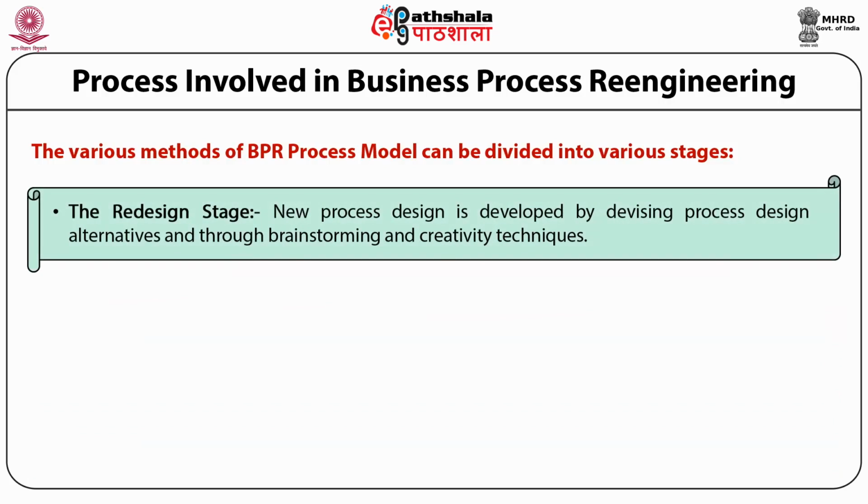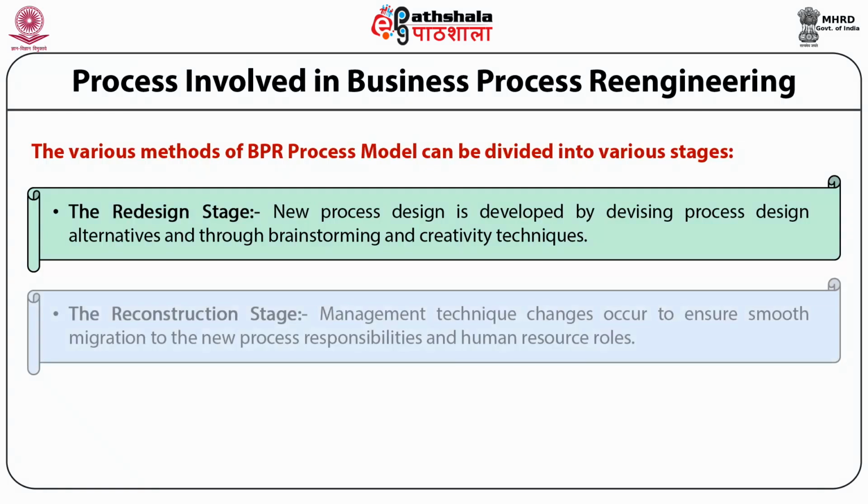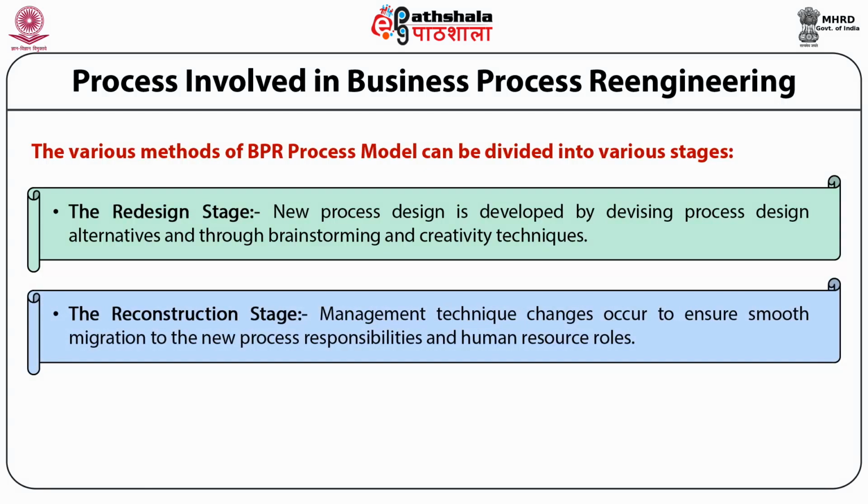Whereas in the redesign stage, the new process design is developed by devising process design alternatives and through brainstorming and creative techniques. In the restructuring stage, management technique changes occur to ensure smooth migration to the new process responsibilities and human resource roles.